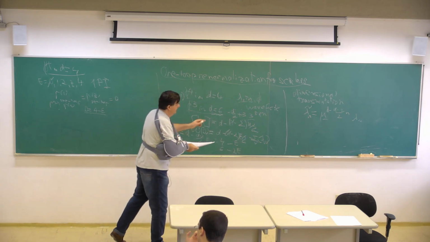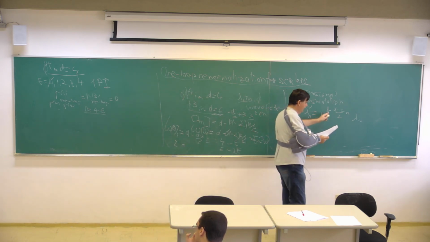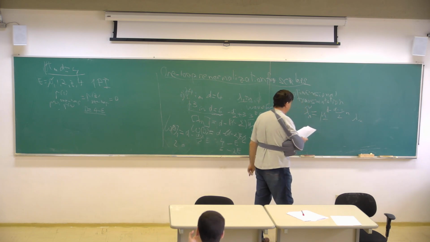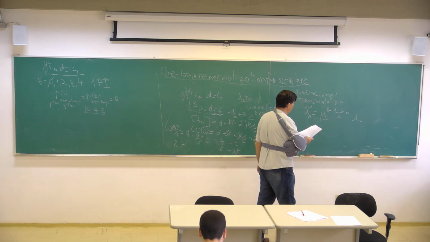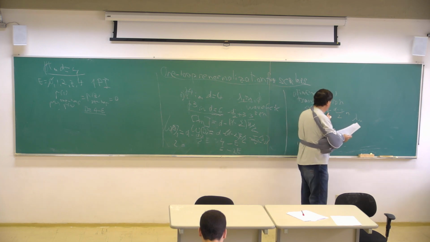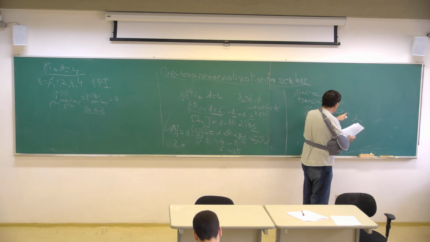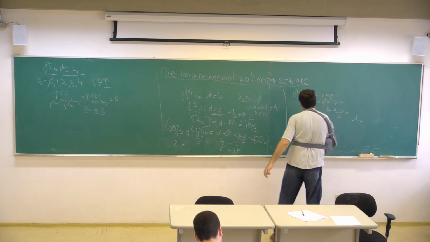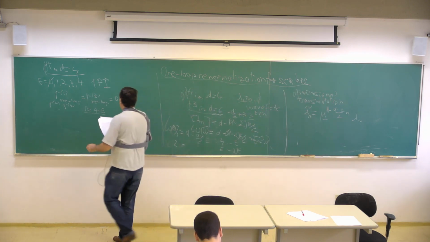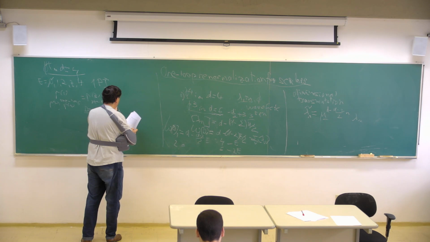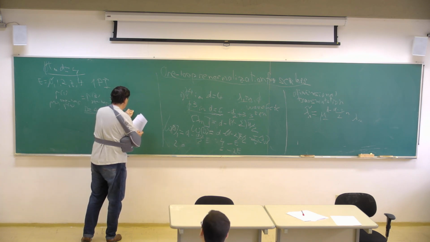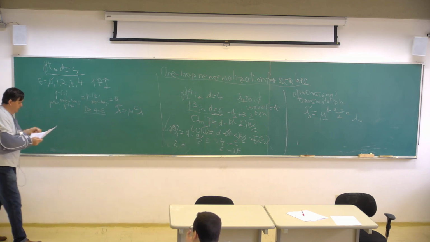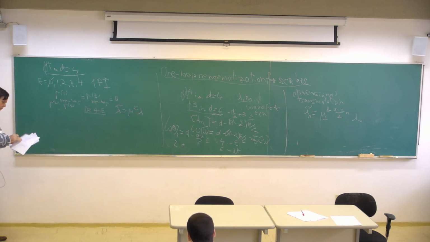And more precisely, since this is d equal to 4 minus epsilon, this will be multiplied by epsilon, which means that lambda tilde will be equal to mu to the epsilon lambda. All right.